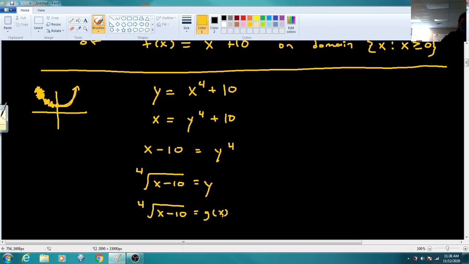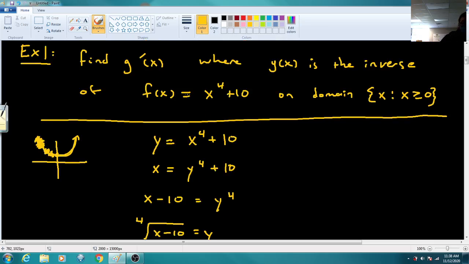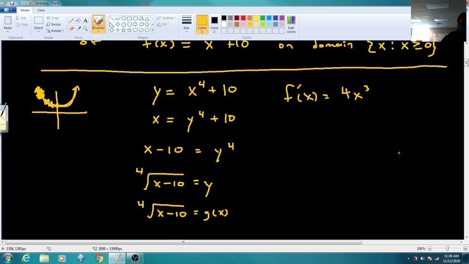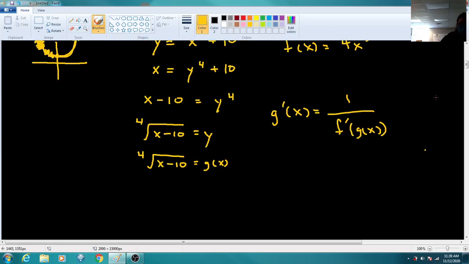Now, since our original function f is x to the fourth plus 10, that says f prime of x will be 4x cubed. So now to finish up, we say, all right, well, g prime of x equals 1 over f prime of g of x. So basically, we need to take the f prime function down here, and we need to substitute the g of x equation in for it.